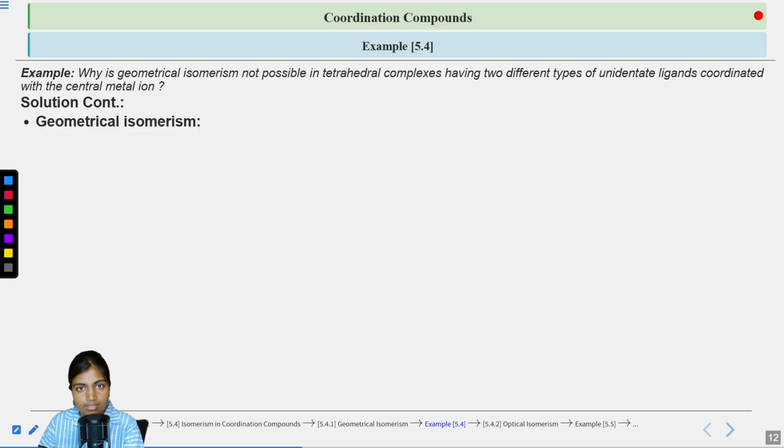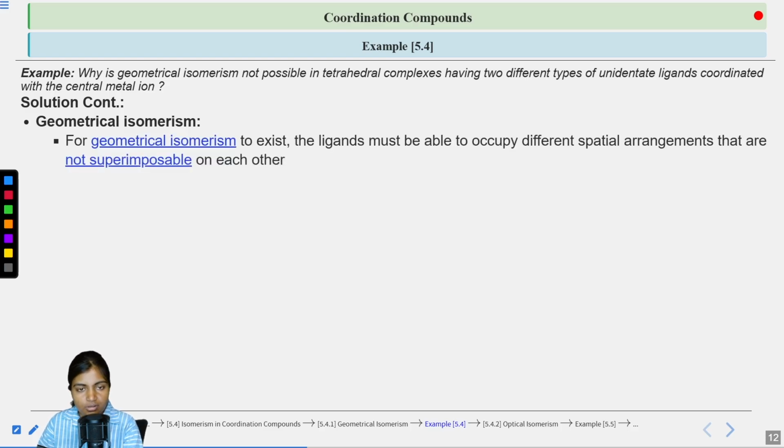Now let's understand geometrical isomerism, because we are asking why geometrical isomerism is not possible in tetrahedral complexes. For geometrical isomerism to exist, the ligands in a complex must be able to occupy different spatial arrangements.